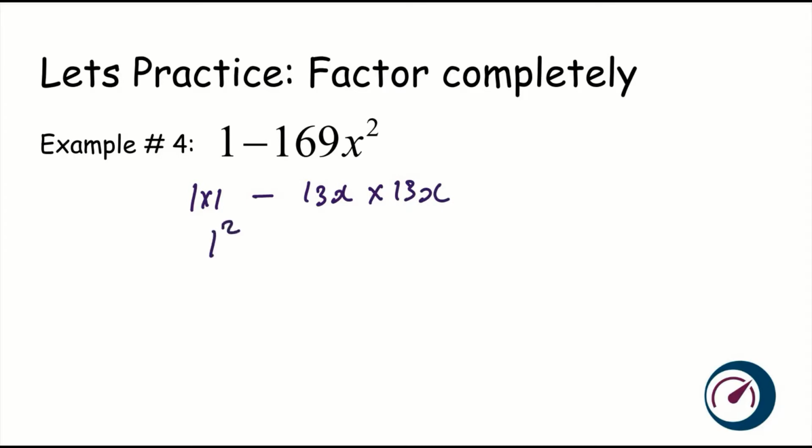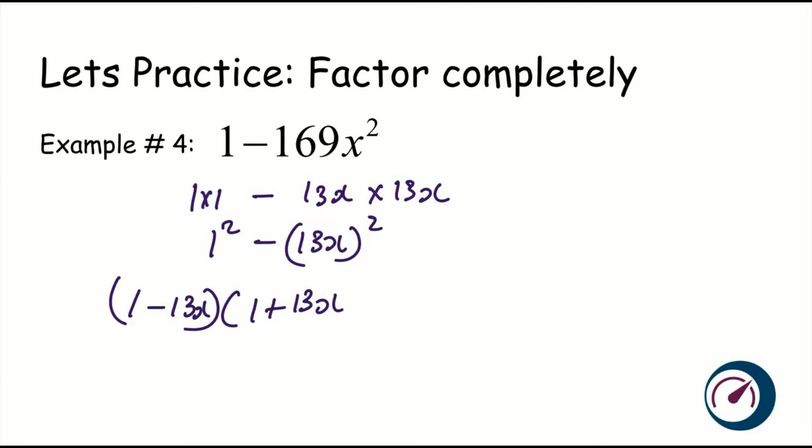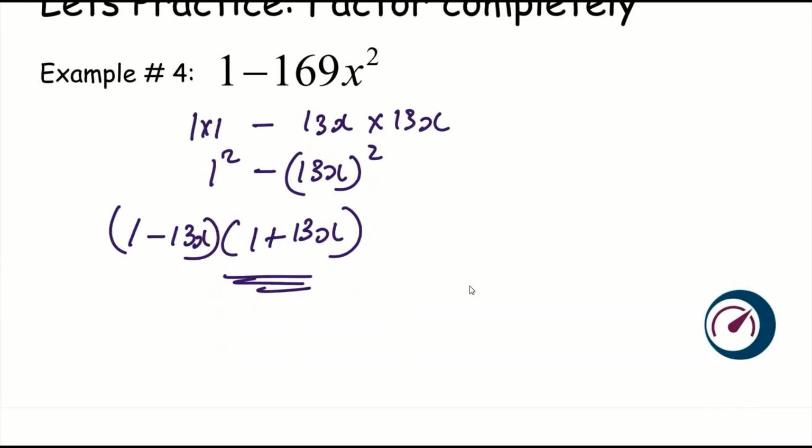So we have 1 squared minus (13x) squared. So our factors are 1 minus 13x times 1 plus 13x. That's our factors, 1 minus 13x and 1 plus 13x.